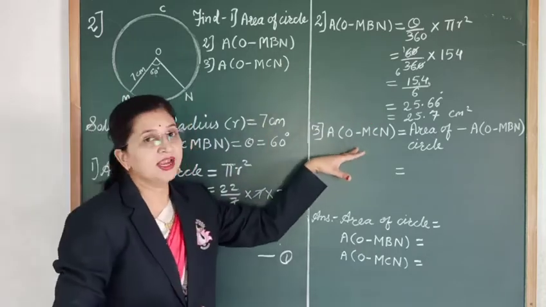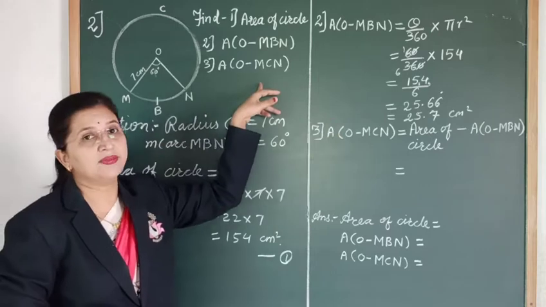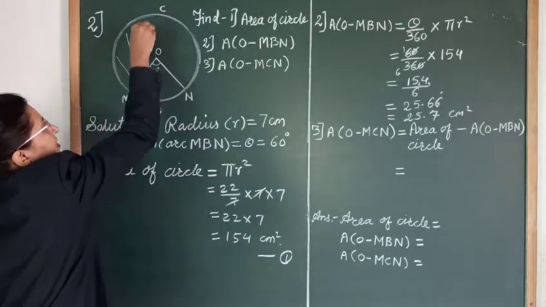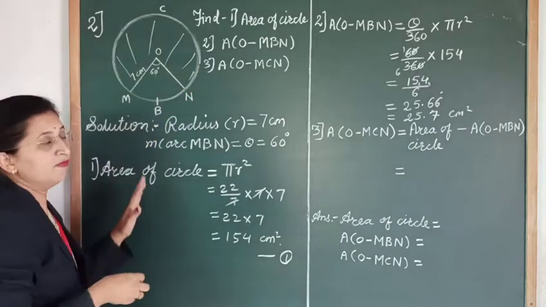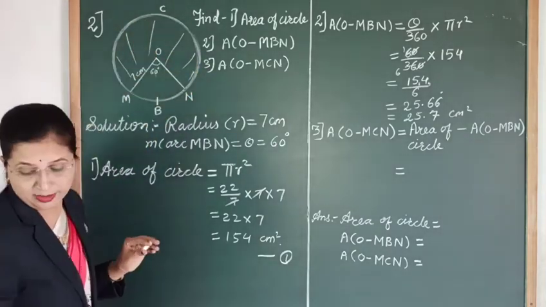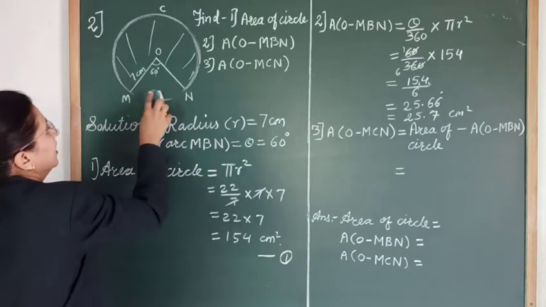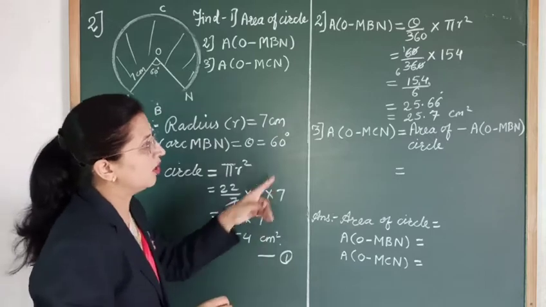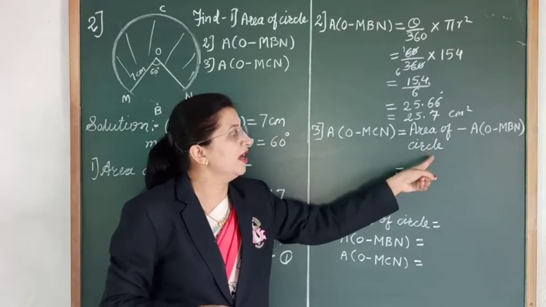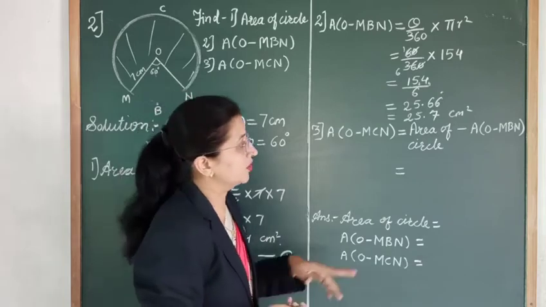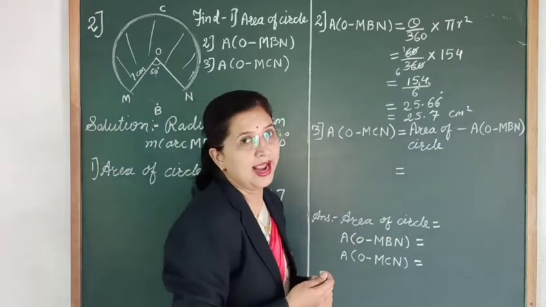Now again we are asked to find the area of this major sector. The area of the major sector is nothing but the whole area of the circle, from which, if we remove this minor sector, we get the area of the major sector. That is what I have written here: area of circle minus area of minor sector O dash MBN.